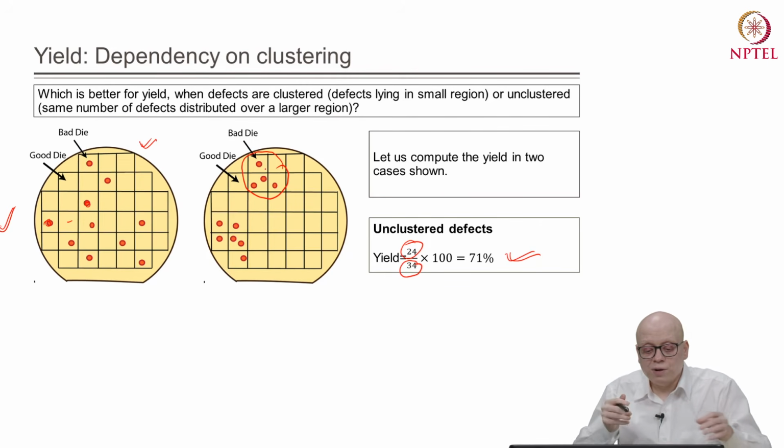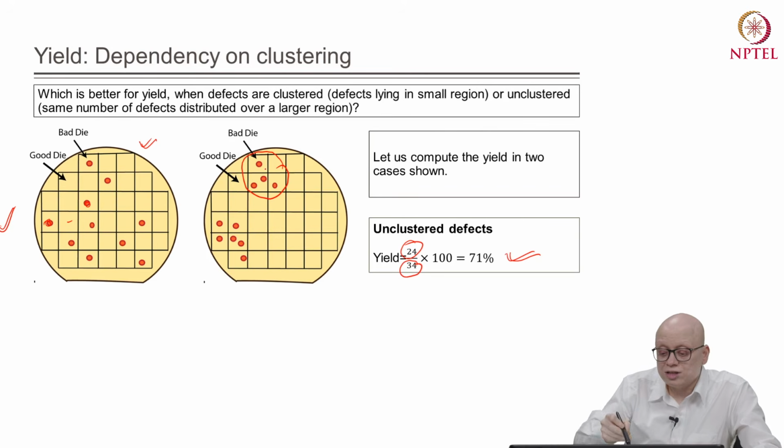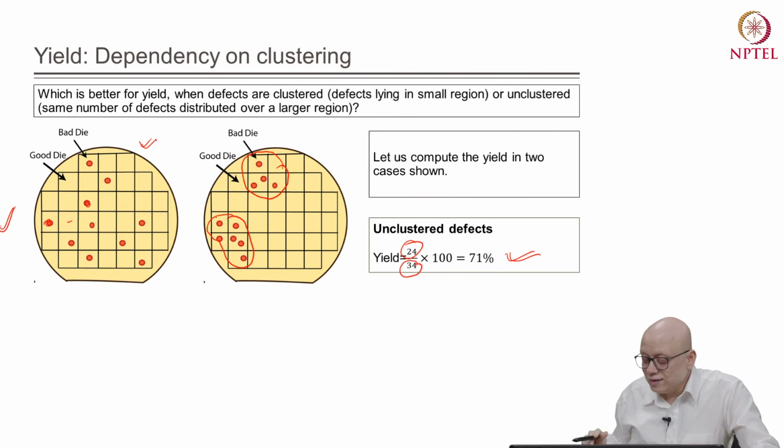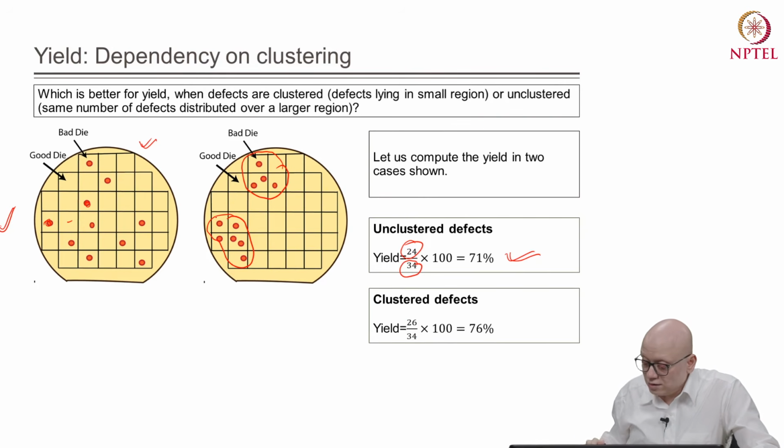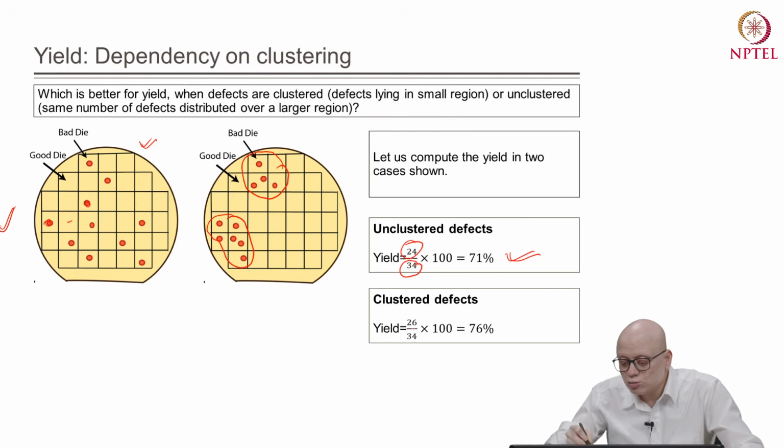The number of defects is the same, but it is distributed over a smaller area in this case. Now, in this case what is the yield? There are 26 dies without any red dots, meaning that they are defect free, and therefore, the yield is 26 divided by 34 into 100, that is 76%.